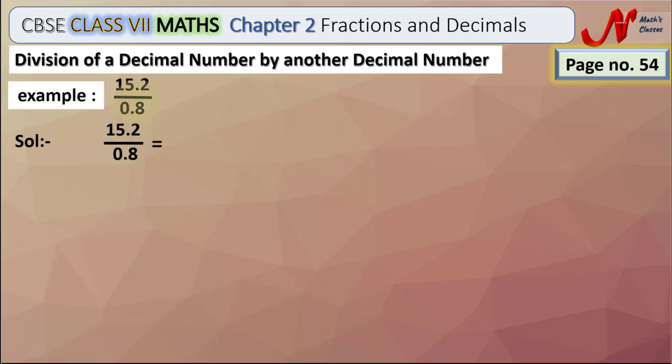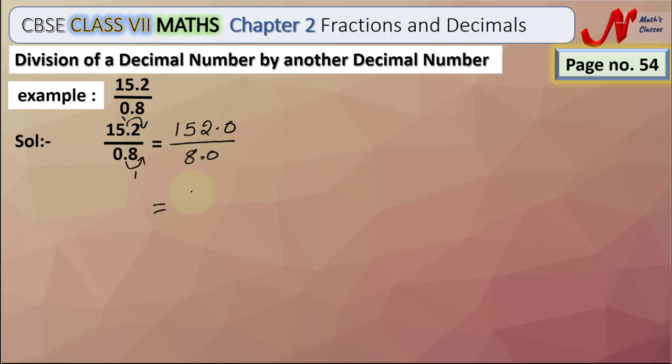Now we solve 15.2 divided by 0.8. So it is done by shifting the decimal point to the right by one place in the denominator and shifting the decimal point one place to the right in the numerator also. So it can be written as 152.0 by 8.0.